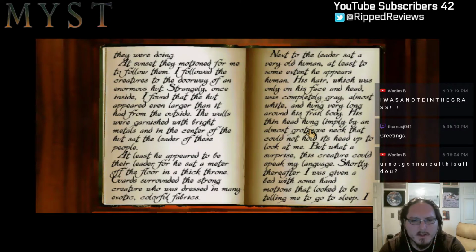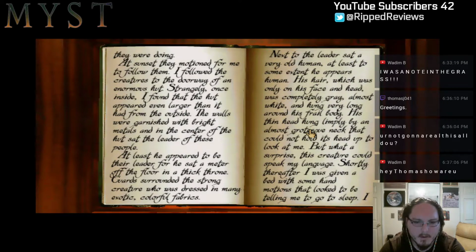The walls were garnished with bright metals, and in the center of the hut sat the leader of these people. At least he appeared to be their leader, for he sat a meter off the floor in a thick throne. Guards surrounded this strong creature. He was dressed in many exotic, colorful fabrics.